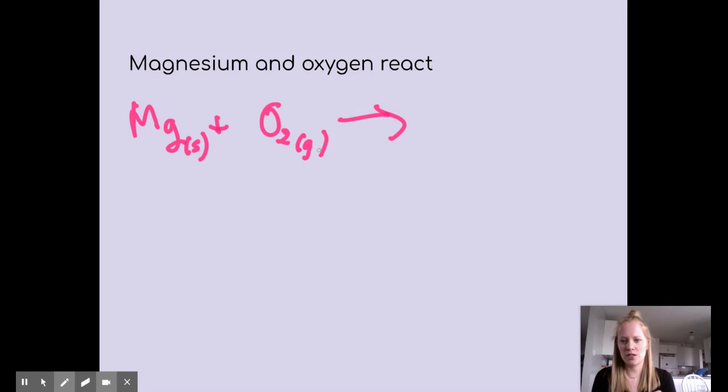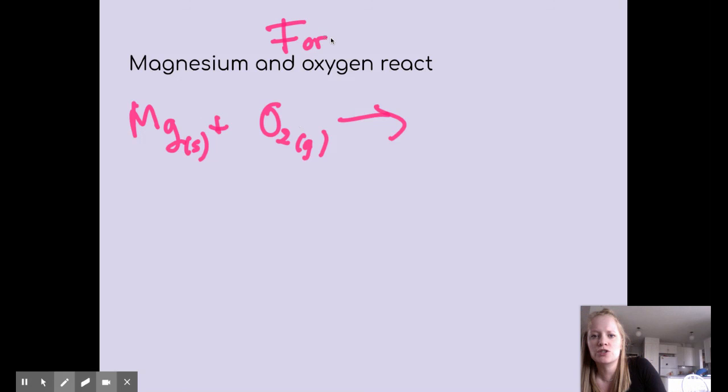But combustion means that it has to have hydrocarbons of CH4, CH3, C3H8, something with carbon and hydrogen. This case, you just have an element and you have an element, which means we are actually dealing with a formation reaction.